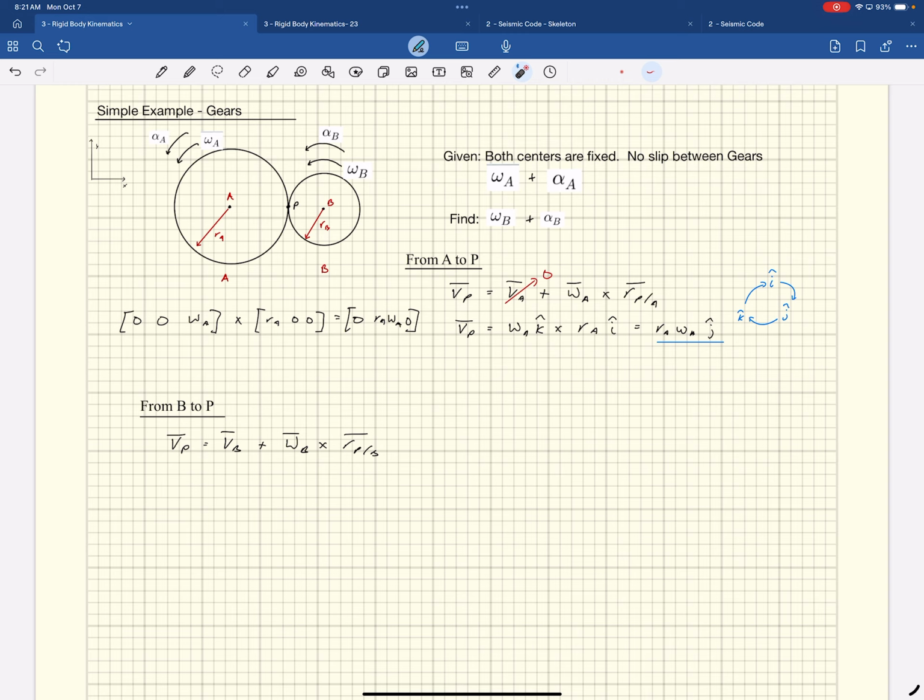I could come out and say, well, I know that thing is going to be negative. I know if this thing rotates like this, it's going to make this thing rotate this way. So I could draw it up here going that way. But if I draw it going that way and it turns out positive, it means that it's negative, and if it turns out negative, it meant that it was positive.